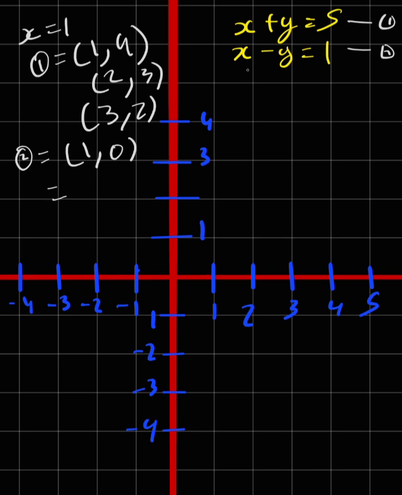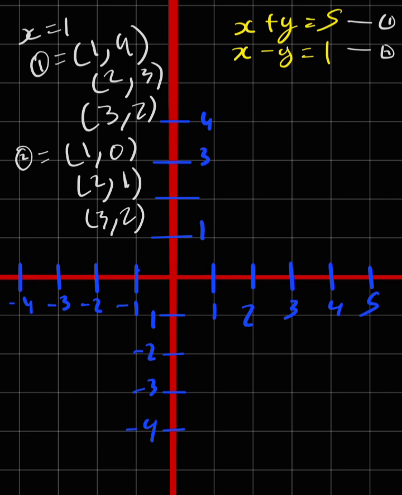When x is 2, y is 1, because if I say 2 minus y is equal to 1, y is equal to 2 minus 1, y is equal to 1. And finally, when x is 3, y will be 2. Now if you look at all the solutions we have obtained, we can see that 3 comma 2 is common, therefore this will be the point of intersection.